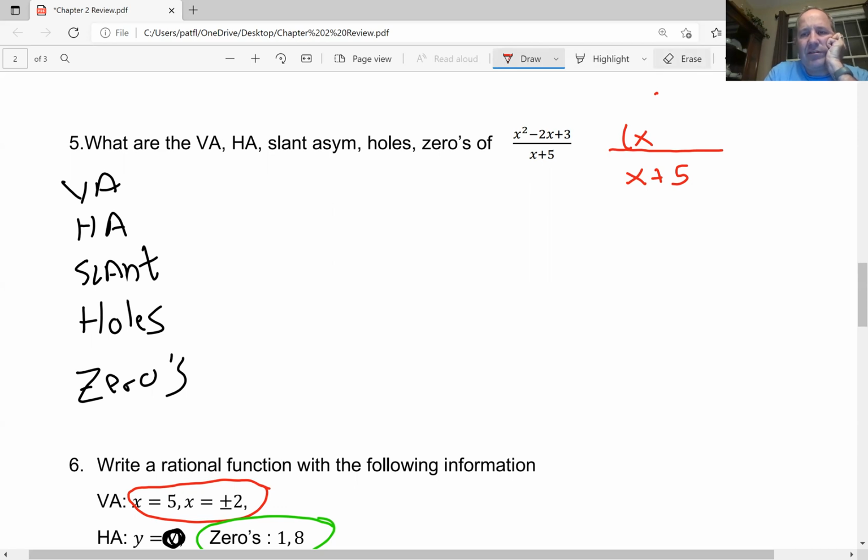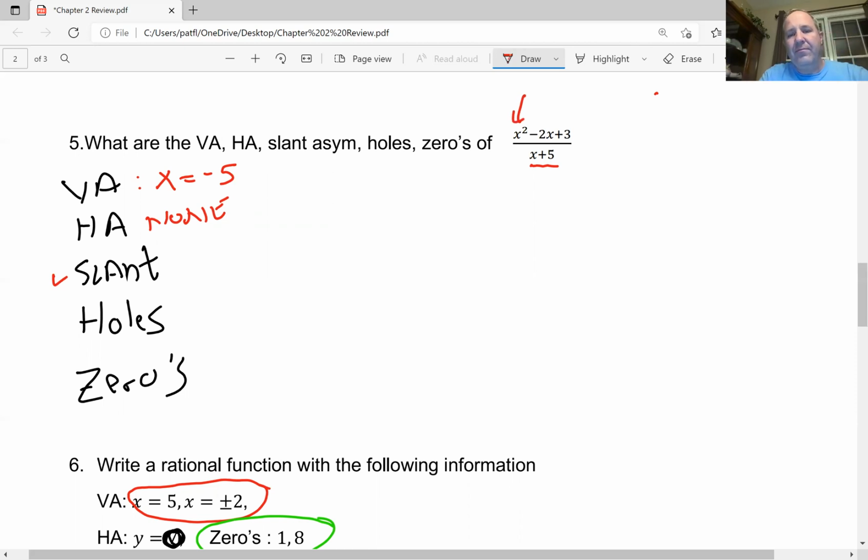No, it doesn't factor. So that's cool. That means the vertical asymptote is just going to be x equals -5, right? Because that's when the denominator would be 0. There's no horizontal, but there is a slant because the numerator's got a greater degree. So what you could do is you could just do synthetic division.